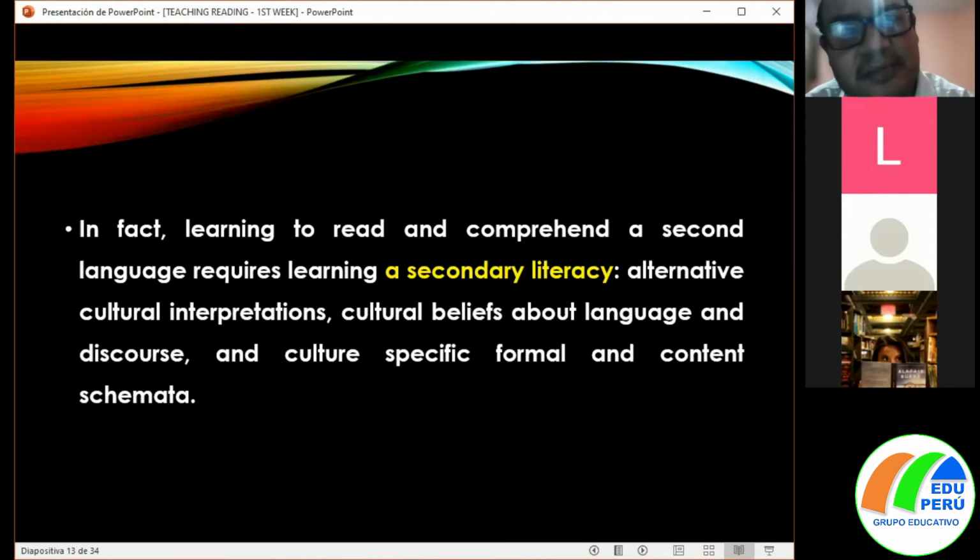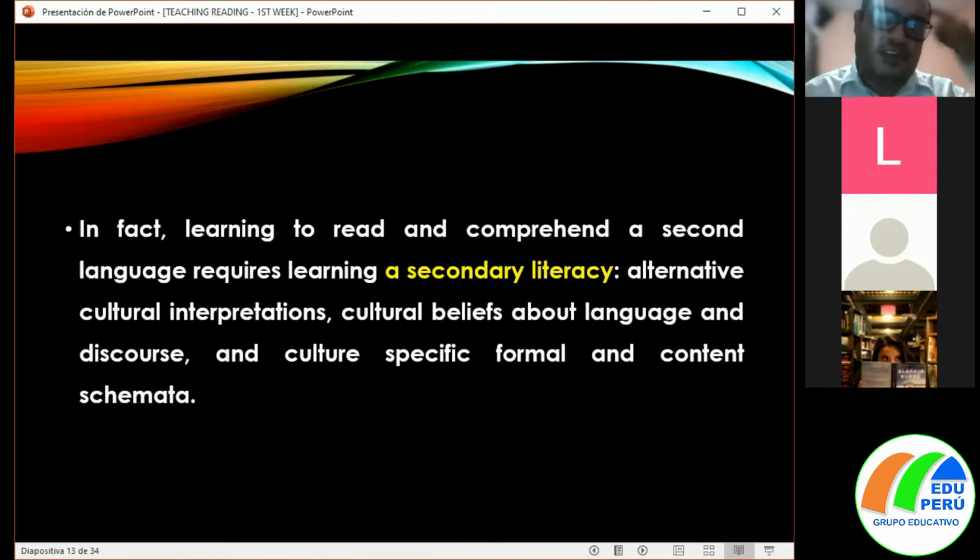And the content schemata? What is it about? Yeah, the background knowledge is the formal. And the content? The knowledge that we have about the topic.